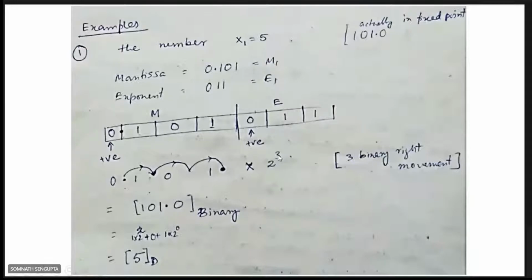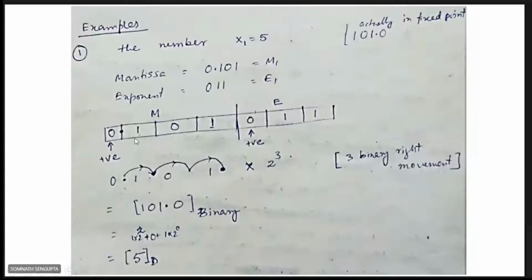You cannot represent 2 to the power 3 in decimal. You have to use some binary storage structure. So in the exponent part, it should be 0 1 1, that means plus 3. So the whole number 5 is represented as 0.101 in the mantissa, and the exponent is 0 1 1.